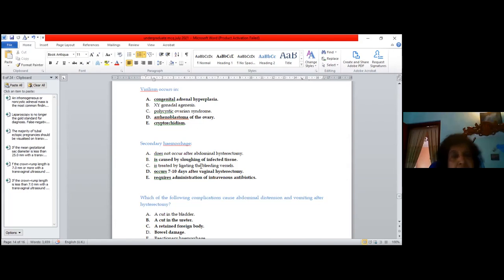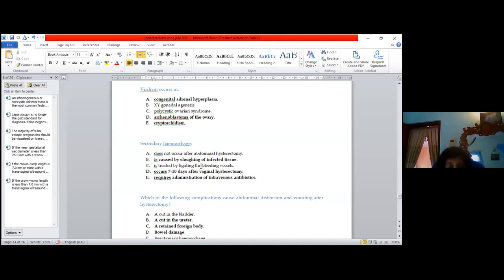Now, when you talk about secondary postpartum hemorrhage, any hemorrhage occurring after 24 hours is called secondary postpartum hemorrhage. But secondary hemorrhage caused by surgery will occur only after 5 days.